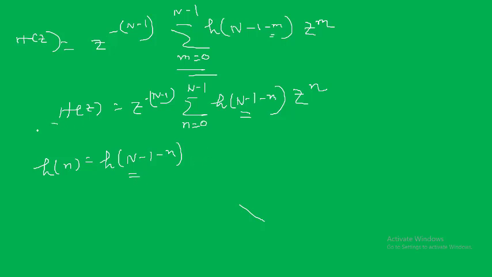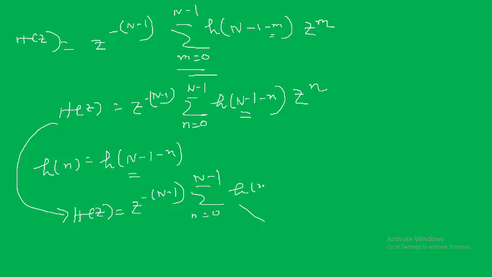So this implies that this equation can be further rewritten as h of z equal to z to the power minus n minus 1, summation n equal to 0 to n minus 1, and this is nothing but h of n only, because of this symmetry, because of this linear phase. What we are getting is this.